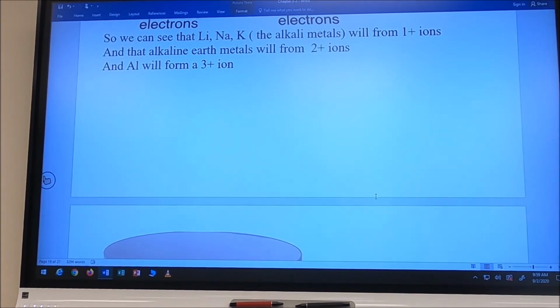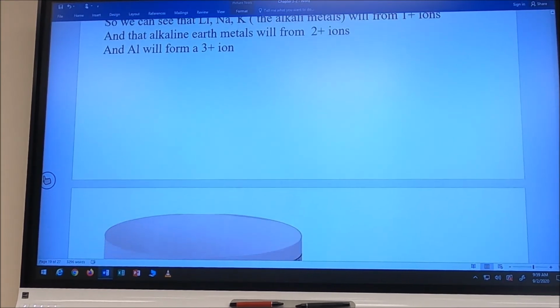The next column over, headed by beryllium, which are called the alkaline earth metals, will form 2+ ions. And aluminum is going to form a 3+ ion, because it's on the 3rd row, no d block.